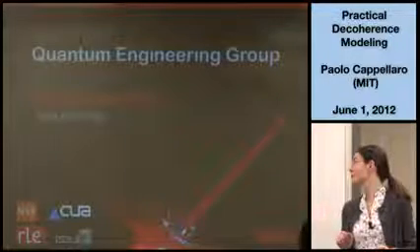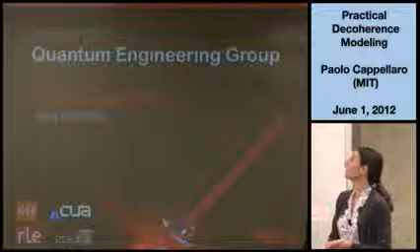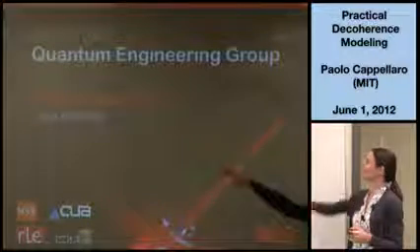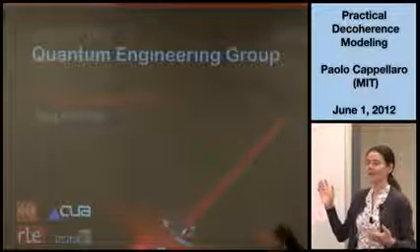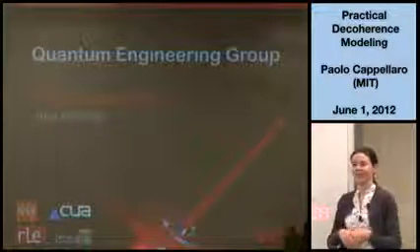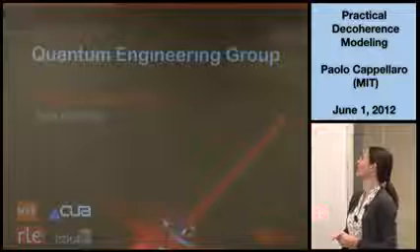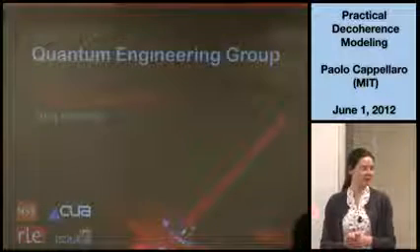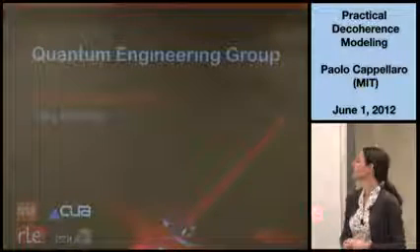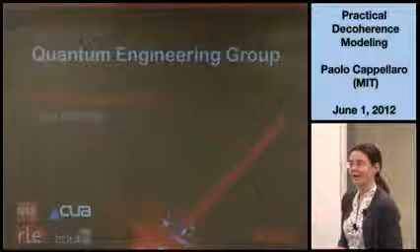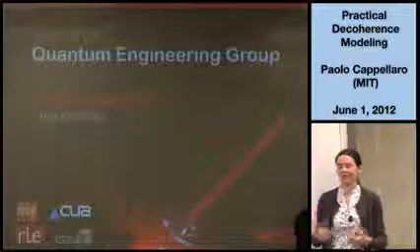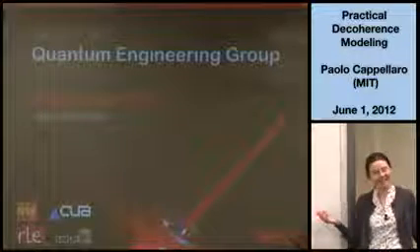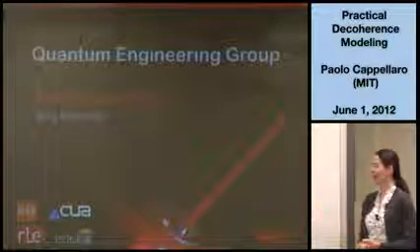As Martin was saying, I'm at MIT now, and because my last name is impossible to spell unless you're Italian, I couldn't call my lab the Cappellaro group, because then nobody would have been able to remember or write it down. So I call it the Quantum Engineering Group, or KEG if you like beers. I don't like beer, so the joke is on me. Oh well.